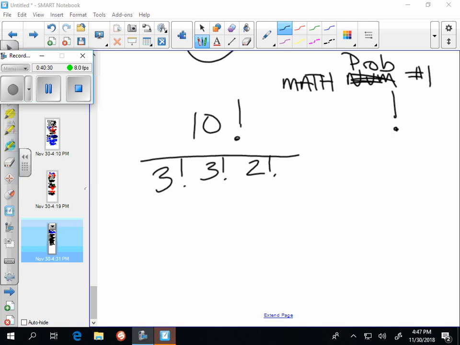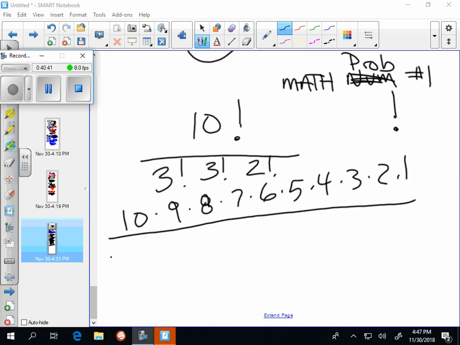You could write this out as 10 times 9 times 8 times 7 times 6 times 5 times 4 times 3 times 2 times 1 over 3 factorial, which is 3 times 2 times 1, times another 3 factorial, 3 times 2 times 1, times a 2 factorial, 2 times 1. So what can we cancel?